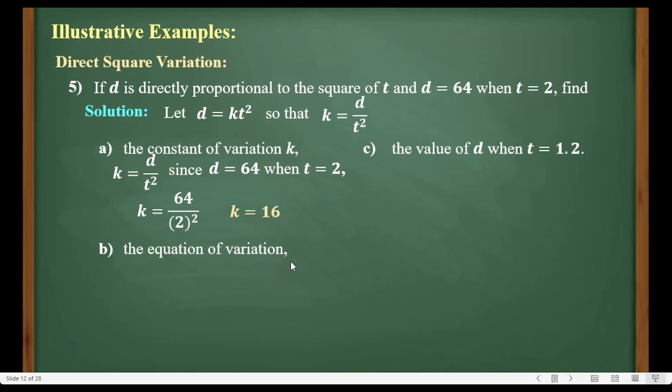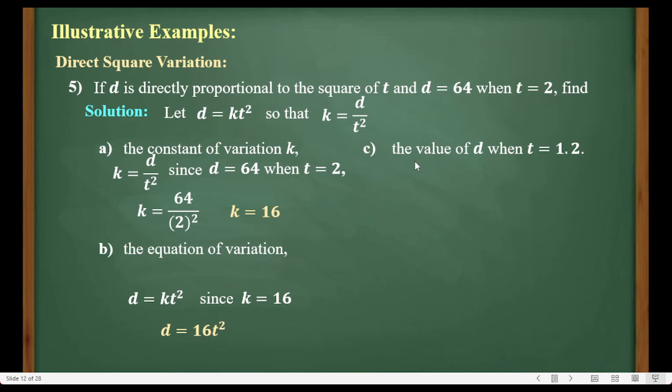And your k is 16. And then, going to letter B, forming the equation of variation, we just refer to this equation, but if we want to copy this, we replace k by its obtained value, and we know that k is 16. Okay? So this is equal to 16t squared. So this is the equation of variation.